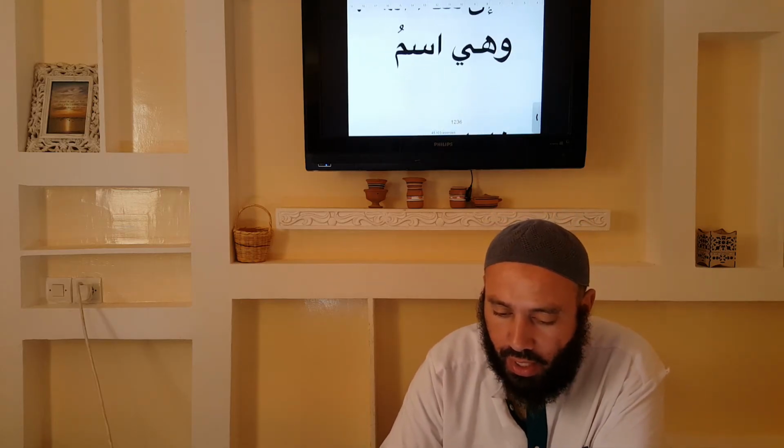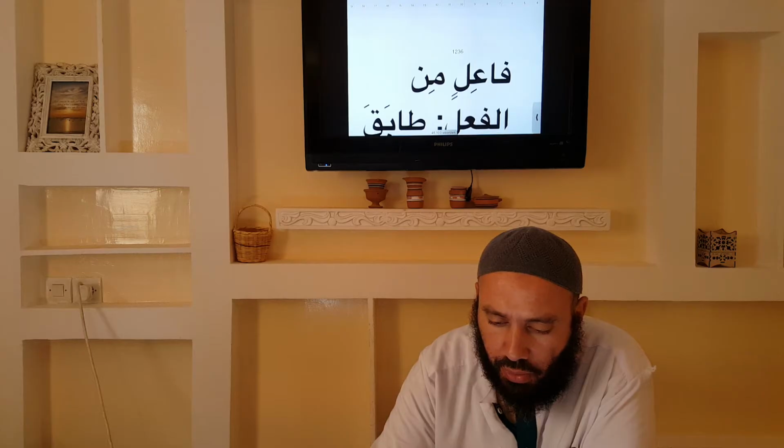وهي, the word المطابقة, وهي اسم فاعل, the noun of the doer, من الفعل, from the verb. So it goes back and it's extracted from the verb. طابق خالد بين الشيئين.